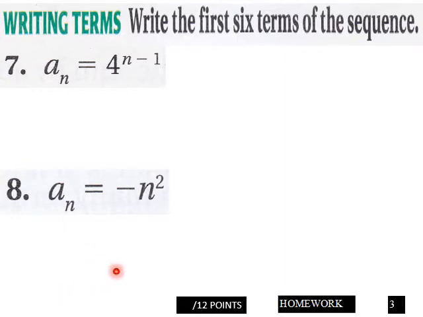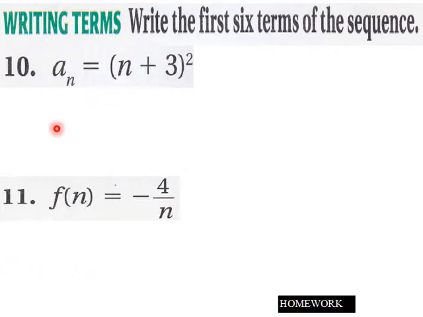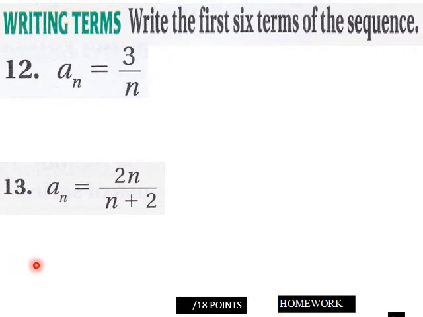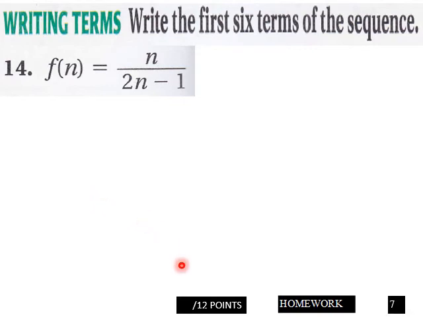Page 3 of your homework, write the first 6 terms. Write the first 6 terms here for page 4. And then for page 5 here, write the first 6 terms of these sequences. We get a little bit more sophisticated here. And then the first 6 terms of that page, then the first 6 terms of page 7.